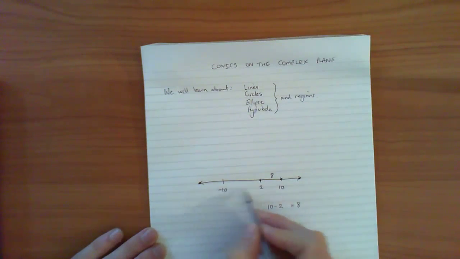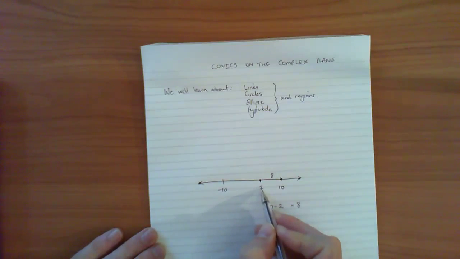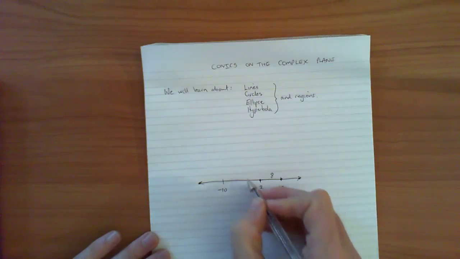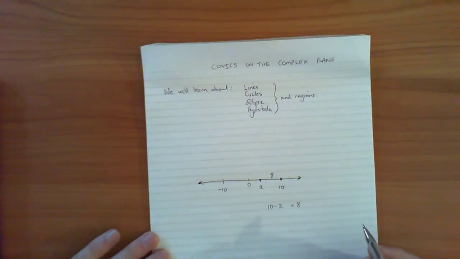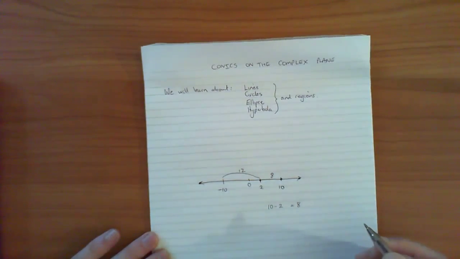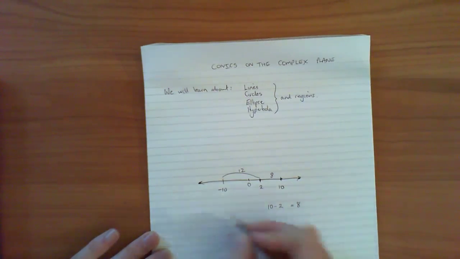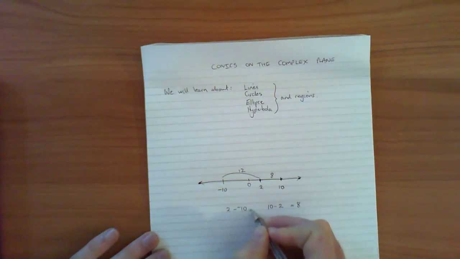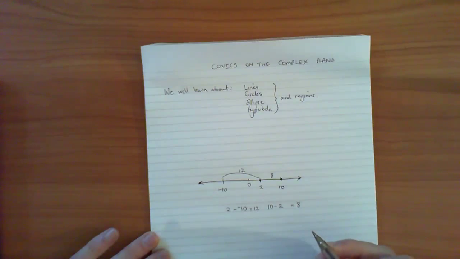If I ask you for the distance between point 2 and point -10, here's 0 somewhere, you'll very quickly be able to tell me that that distance is 12. How did we get it? You could have gone 2, take away -10, and we would get 12.